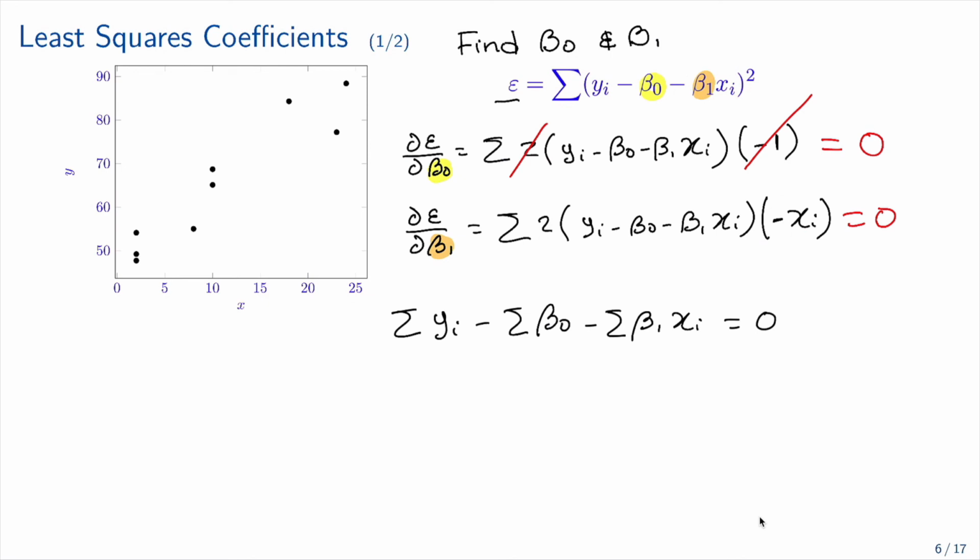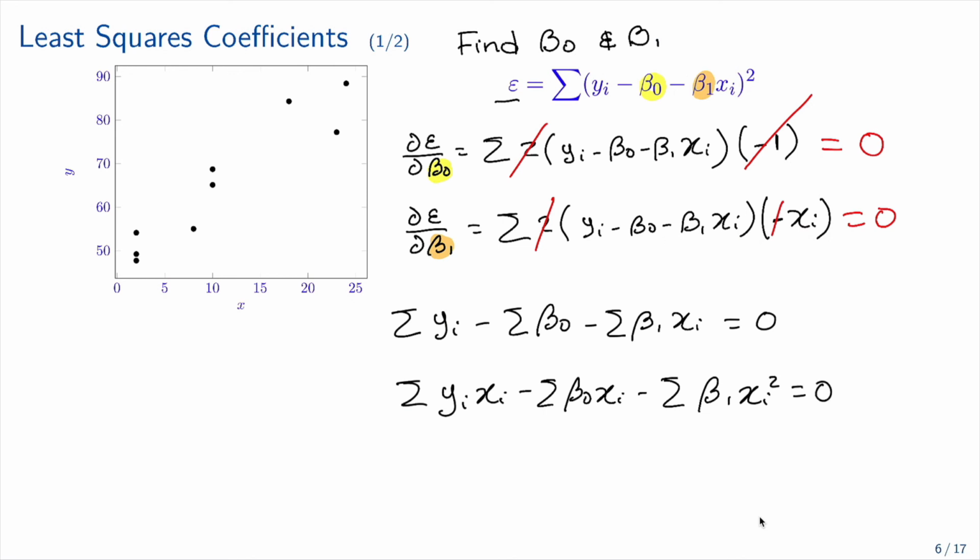In the second equation, we have to multiply xi by every single term, and remember that we can cancel the 2 and the negative. So we have the sum of yi multiplied by xi, minus the sum of beta 0 multiplied by xi, minus the sum of beta 1 multiplied by xi and multiplied by xi, that will be xi squared, equal to 0.